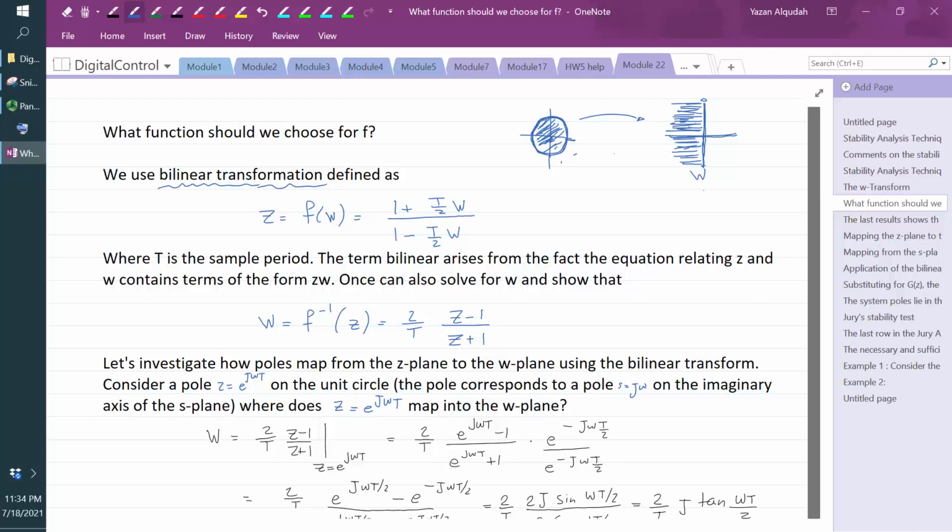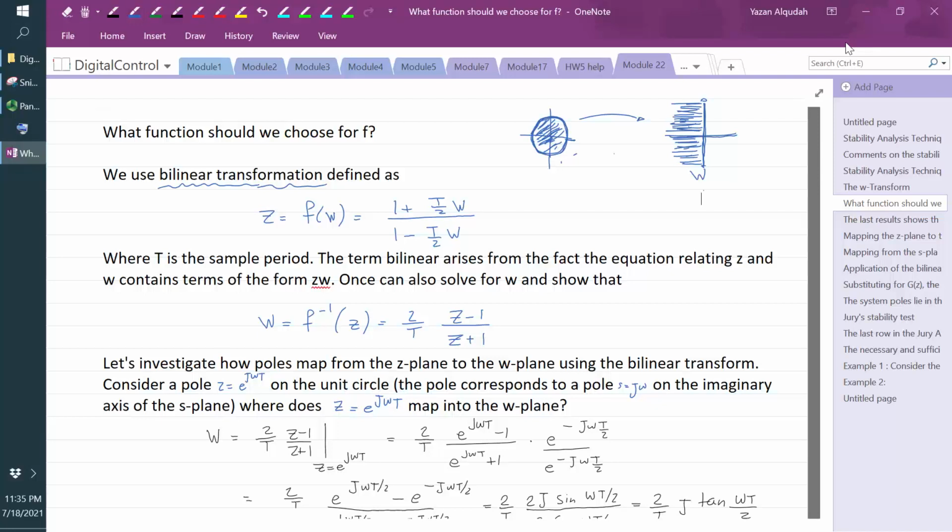Now this bilinear transformation, we've seen it when we studied discrete time signals, or when we studied digital signal processing, and we used it in order to design a digital filter from a continuous time filter. Now for our purpose here, we're going to be using it for a different purpose.